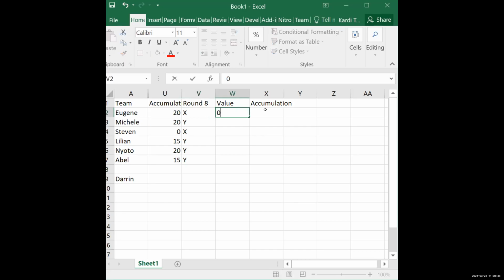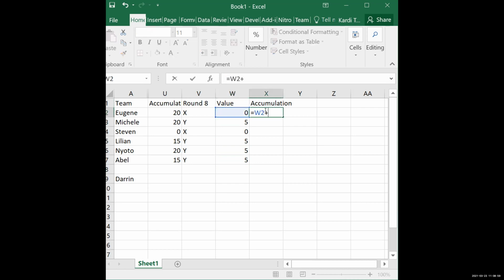Okay, I will share my screen to show you the final result. So those who get X get 0, right? The ones with Y get 5, right?